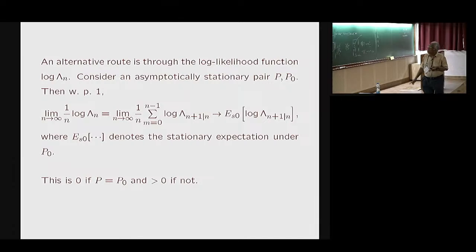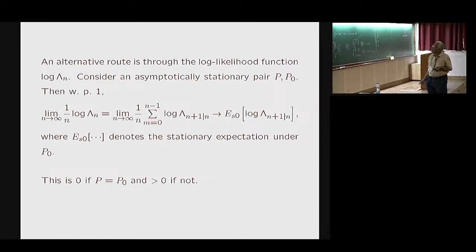You can also take the log likelihood, and then the analysis becomes easier because you use the law of large numbers for IID or Markov chains. Basically, you apply the law of large numbers to the log likelihood. I have written this for Markov chains, lambda n plus 1 given n.